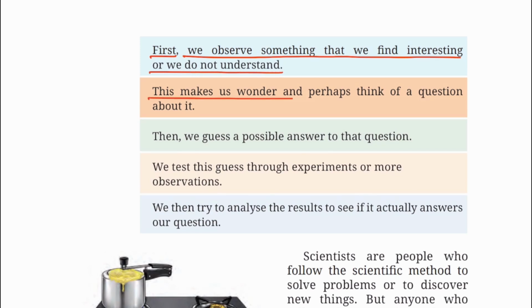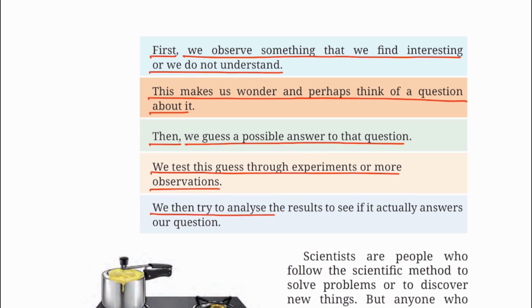This makes us wonder and perhaps think of a question about it. Then we guess a possible answer to that question. We test this guess through experiments or more observations. We then try to analyze the results to see if it actually answers our question.